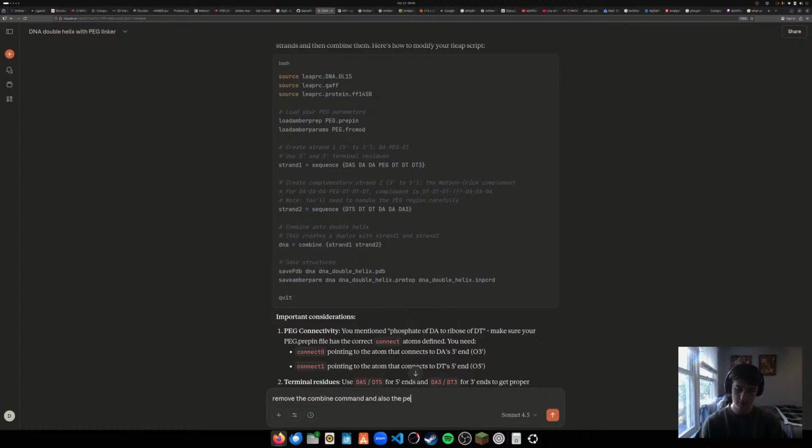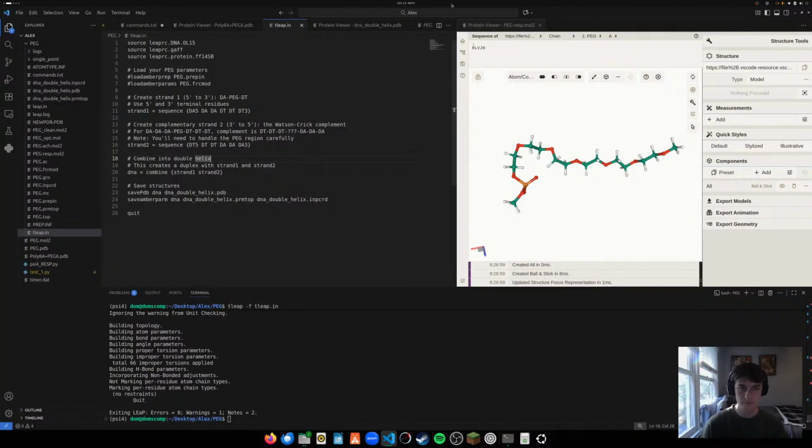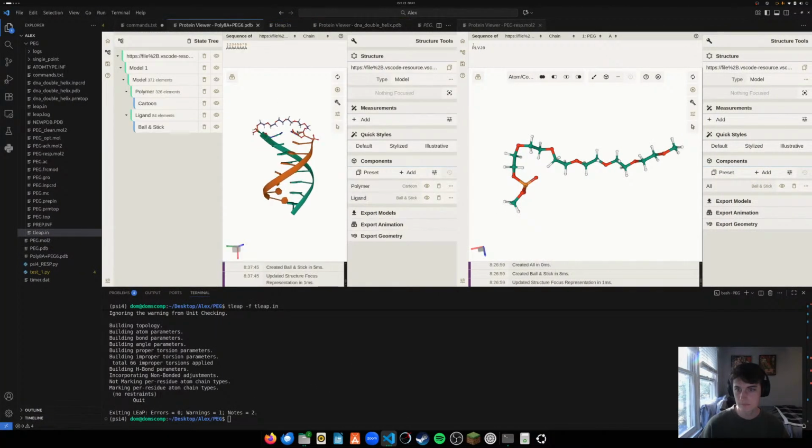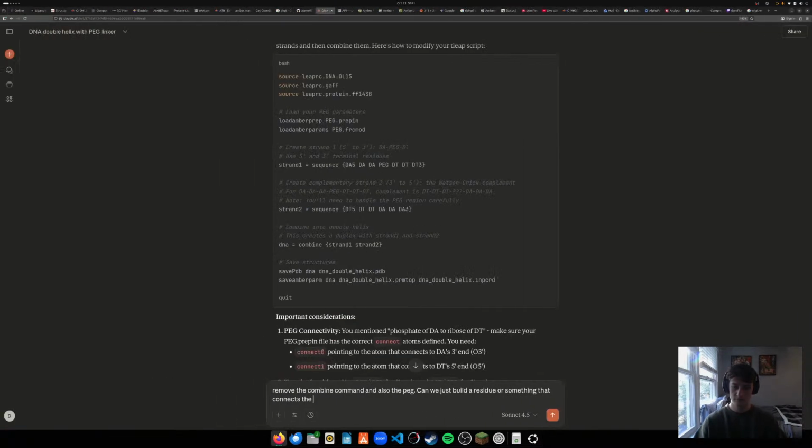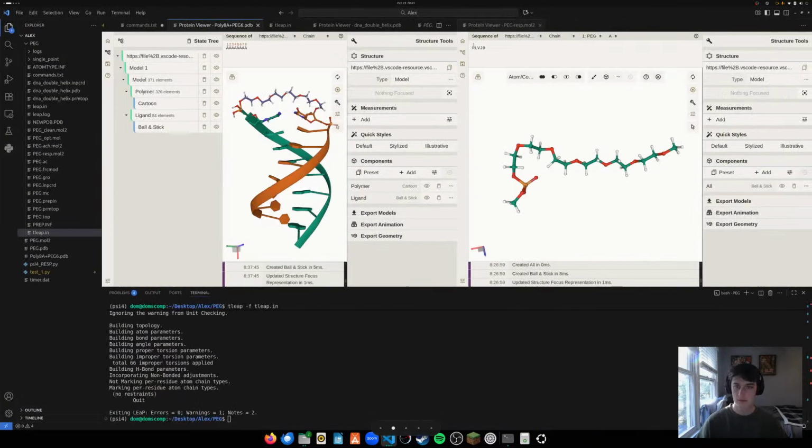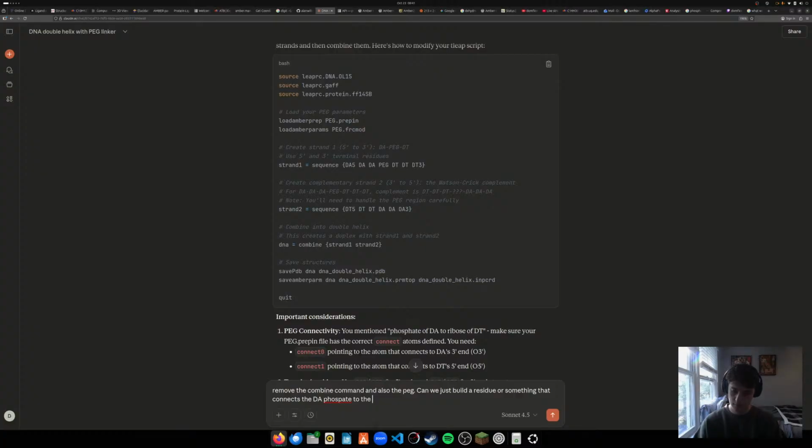I just want, and also the PEG. Can we just build a residue or something that connects the DA phosphate to the DT ribose? I just want to see what that looks like first.